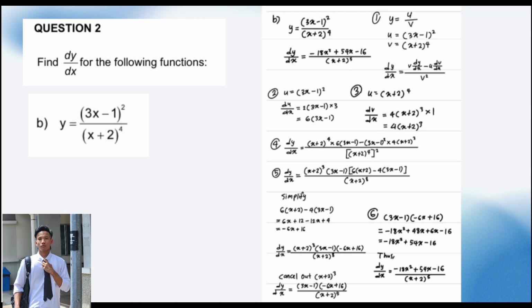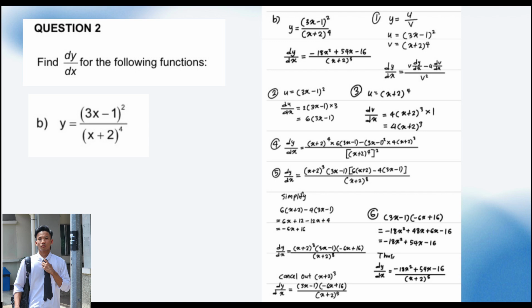Cancel out (x plus 2) cubed from the numerator and denominator. dy over dx equals (3x minus 1)(minus 6x plus 16) over (x plus 2) to the power of 5. Number 6, expand the numerator.